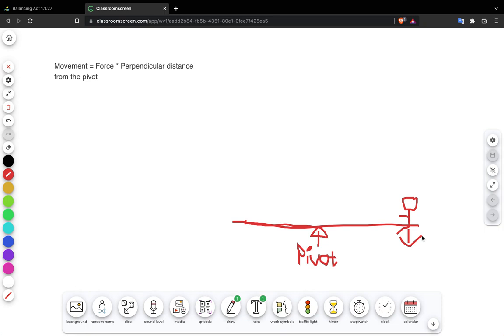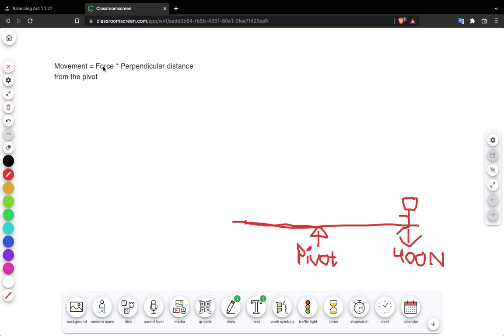The gravity on Earth is 9.8, which we can assume as 10. So, for example, if the person here is 40 kilograms, his weight would approximately be 400 newtons.